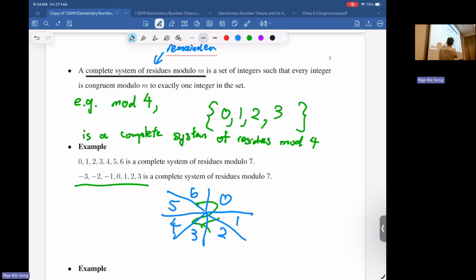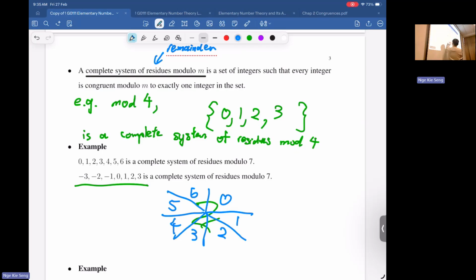But then they give another possibility here. 0, 1, 2, 3 appear already, but how about minus 3, minus 2, minus 1? Which part of the cake do they belong to if I slice it differently?